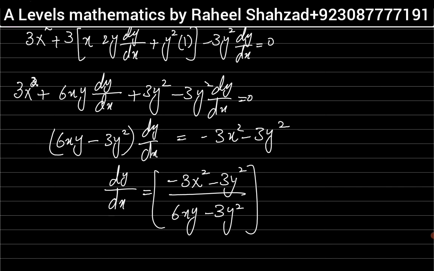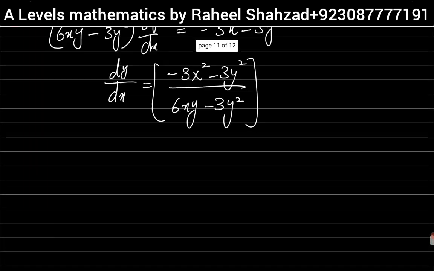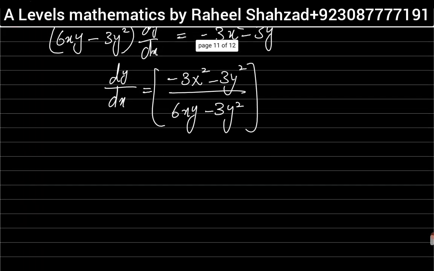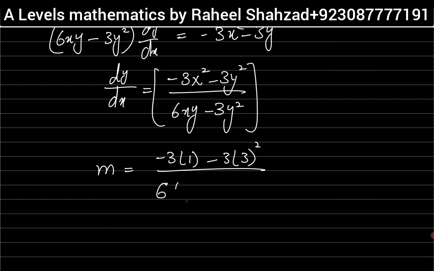Now the point given where we have to find the gradient is (1, 3). x is 1, y is 3. So x is 1, y is 3, divided by 6, x is 1, y is 3, minus 3, y is 3.